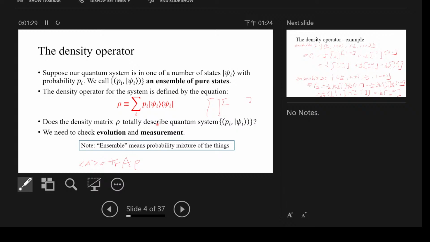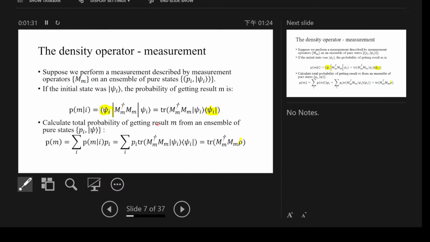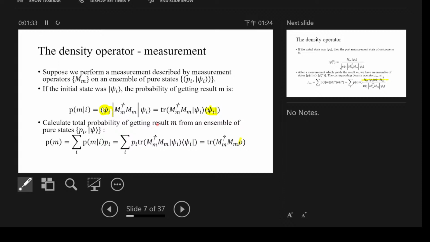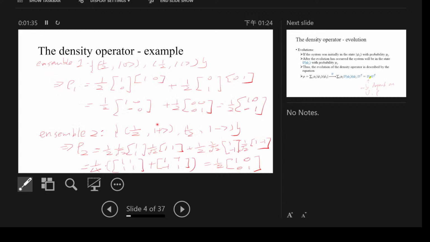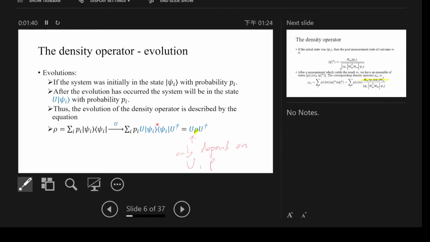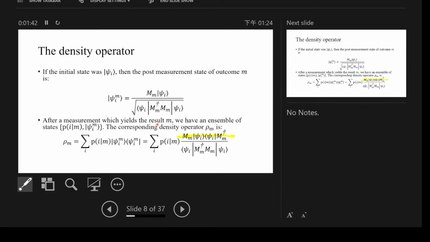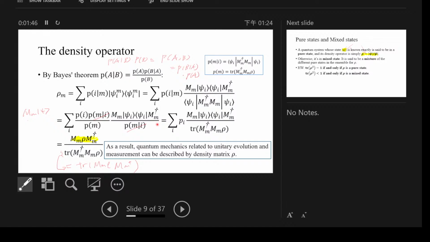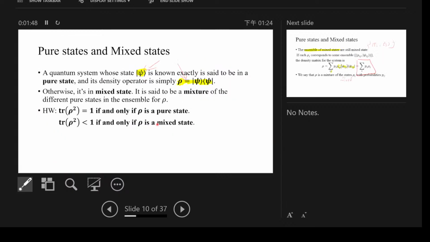And why is this important? Because we see that this density matrix tells us everything about this ensemble of pure states. We checked that it describes the evolution and measurement of this ensemble.